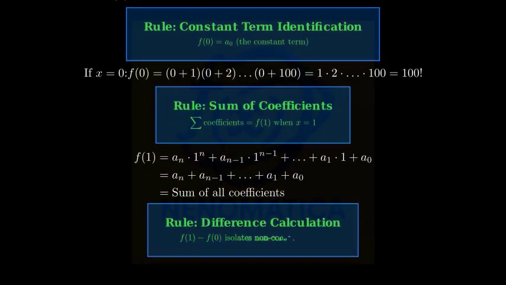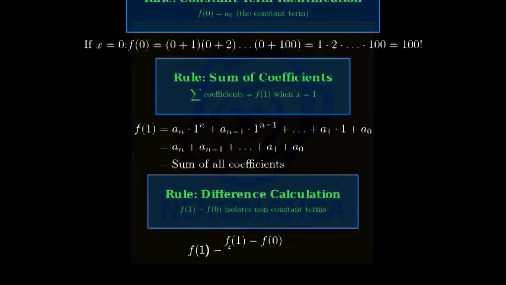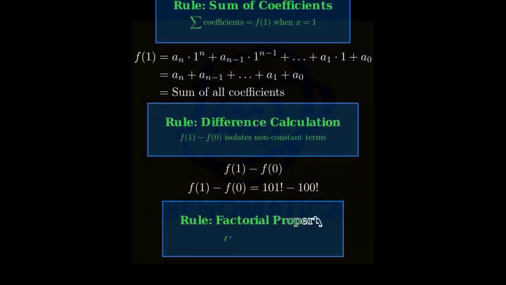Following the algorithm shown in our problem, we'll calculate f(1) minus f(0). We have f(1) equals 101 factorial, and f(0) equals 100 factorial. So f(1) minus f(0) equals 101 factorial minus 100 factorial. Now we can factor out 100 factorial from this expression.